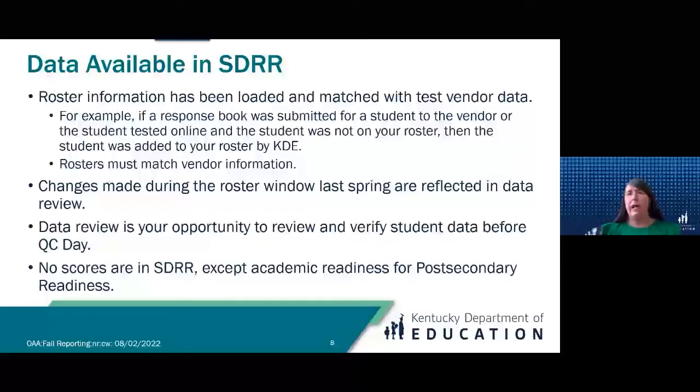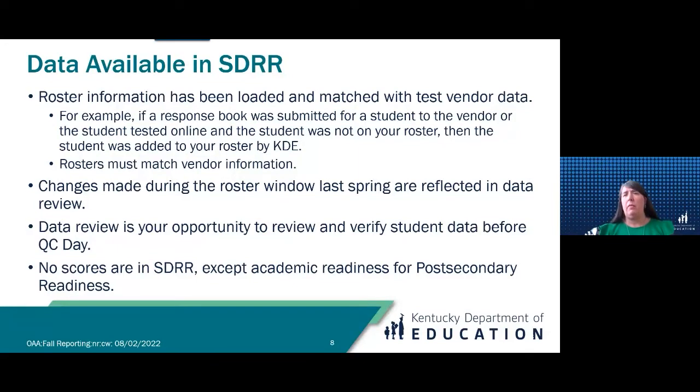Then we also have ACT, which is our contract for our ACT data. We also have, for KSA, the data that comes from Pearson. You usually get that from our Pearson contract.